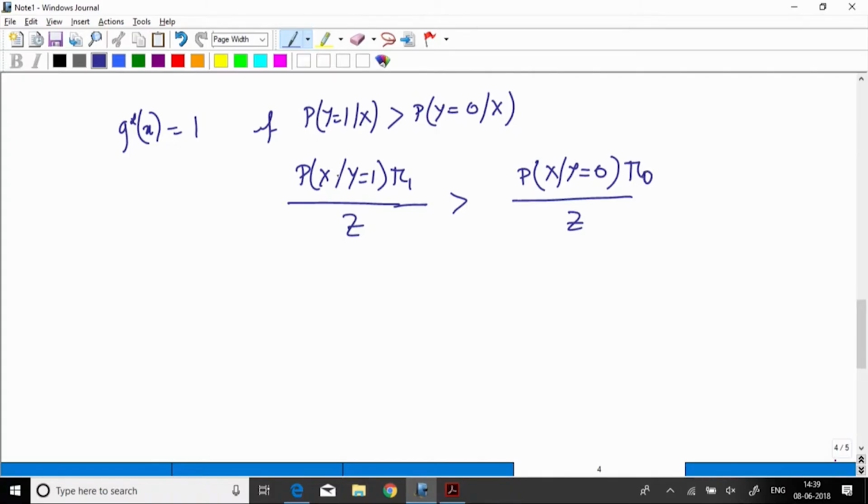This is the class density of class 1 and this is the prior of class 1, and this is the class density of class 0 and this is the prior of class 0.